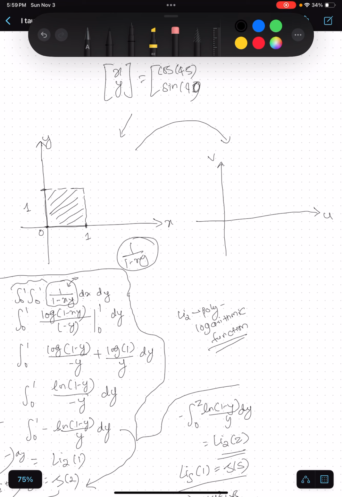Just bear with me for some time. Cos 90 plus 45, sine 90 plus 45. If I multiply this with uv, now let me show you. Let's say over here in the uv coordinate system, I have a 1 by 1 square.